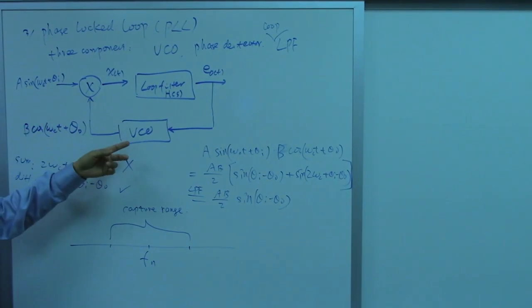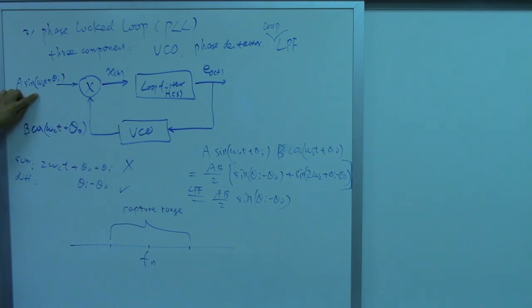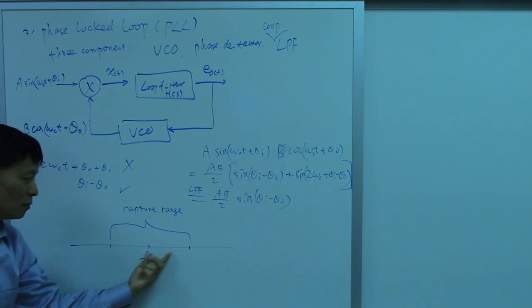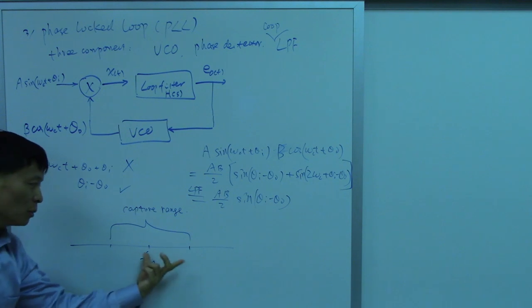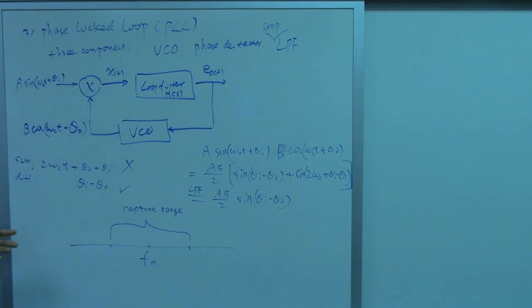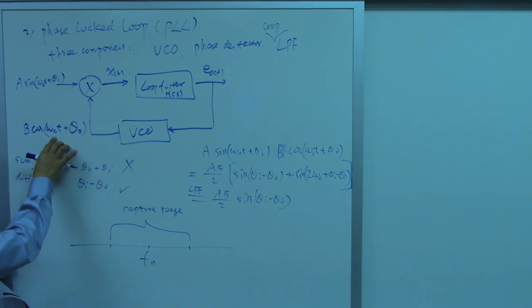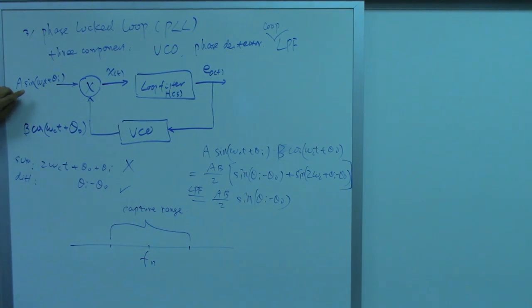We have a natural frequency here. If your input frequency is within this range, away from the natural frequency, we can guarantee it will be locked. So that is called capture range. Once it captures, it is locked, meaning this frequency and this frequency are identical. Then, for some reason, the input frequency can change again.